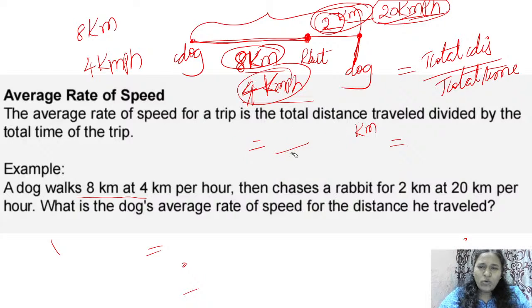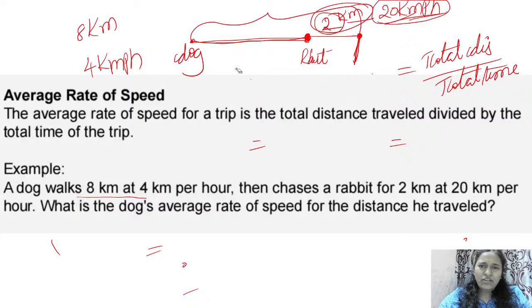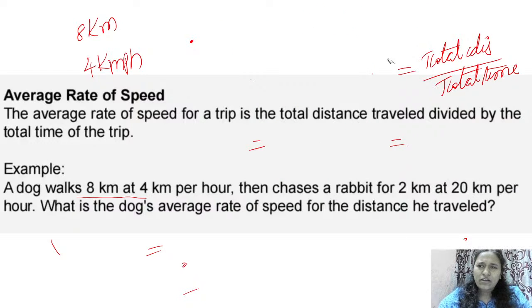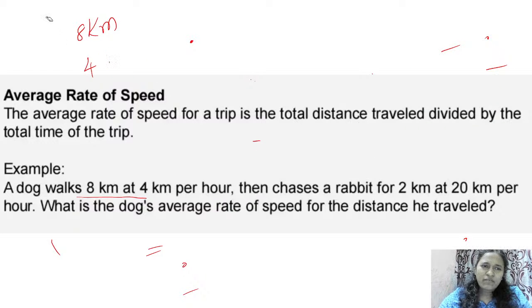We have to read the question properly, otherwise you don't get it. Yes, first this dog started here and it traveled 8 kilometers.